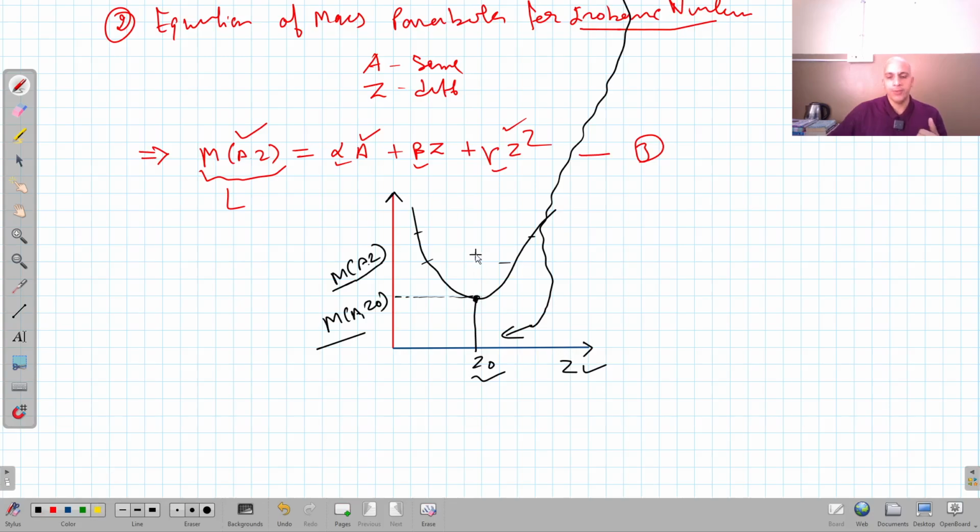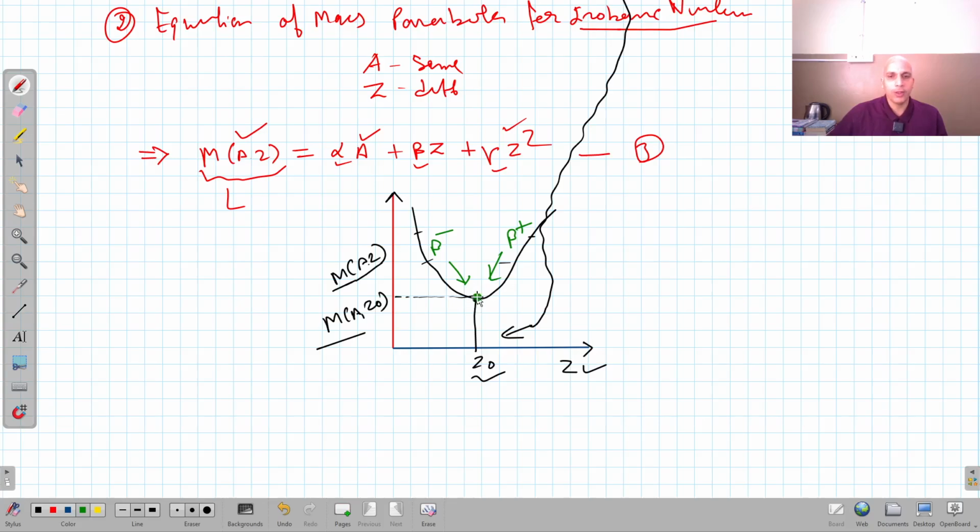So how can they come? They can come simply by beta negative decay or beta positive decay, because beta decay will change their Z, right? So if the nucleus is present on this side, it will undergo beta positive decay, and if the nucleus is present on this side, it will undergo beta negative decay, because beta negative will increase the Z, beta positive will decrease the Z, and ultimately they will come to the bottom.